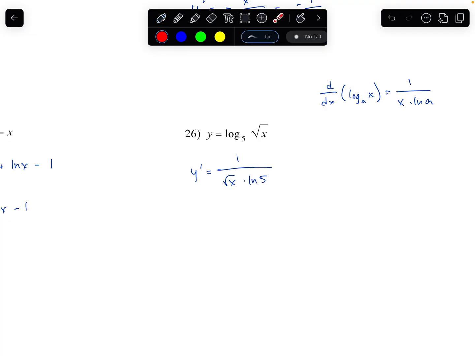Now I will have to take the derivative of the square root of x, which is 1 over 2 root x. So this looks like it's going to simplify to 1 over 2x times by the natural log of 5. 2x because we got the 2, and then square root of x times square root of x is x. But yeah, there you go.